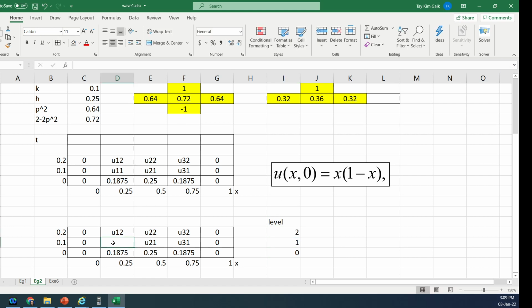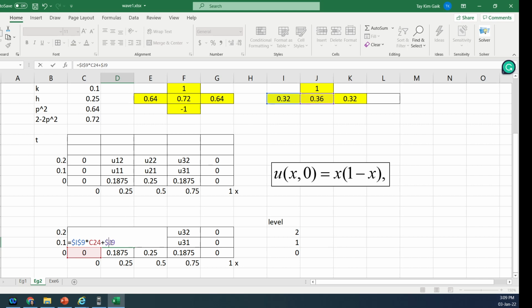So for level 1, take the left bottom coefficient and make sure you constant it, otherwise you type 0.32. This one multiply the left bottom cell. From where you target, go left is go down, and then go down is bottom, and then go to the left. So plus this coefficient 0.36.